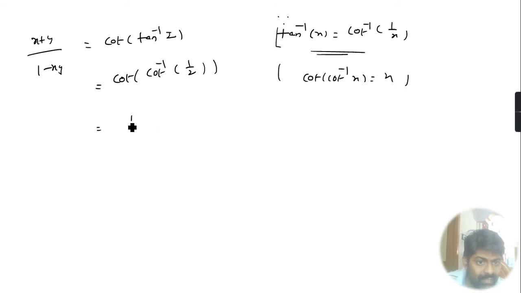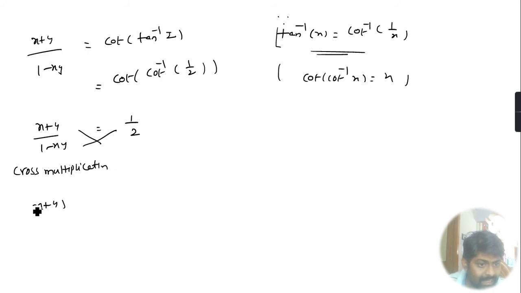So therefore we get 1 by z equal to (x plus y) by (1 minus xy). We do the cross multiplication, that is (x plus y) into z equal to 1 minus xy.